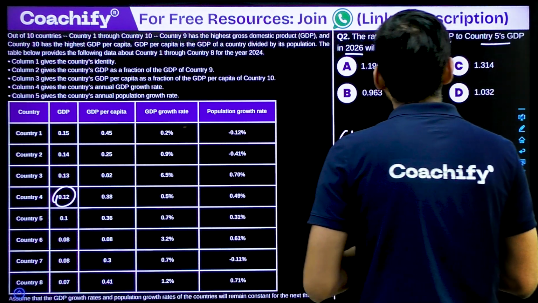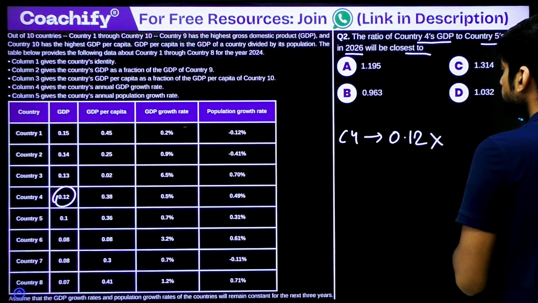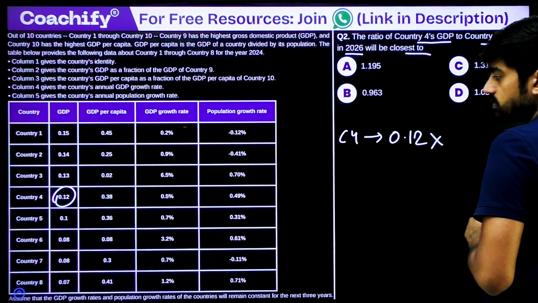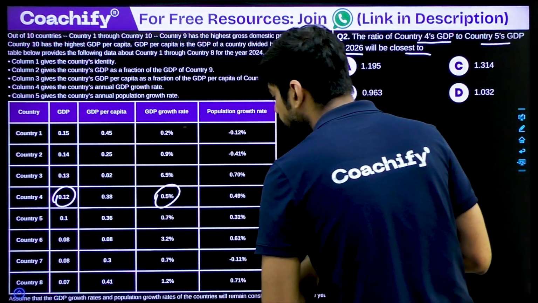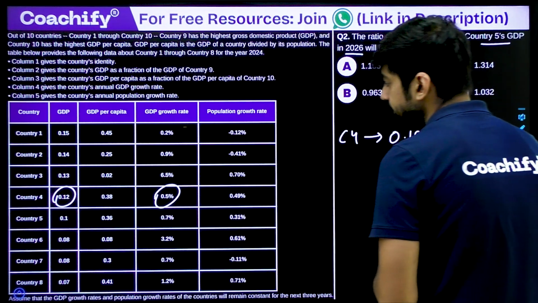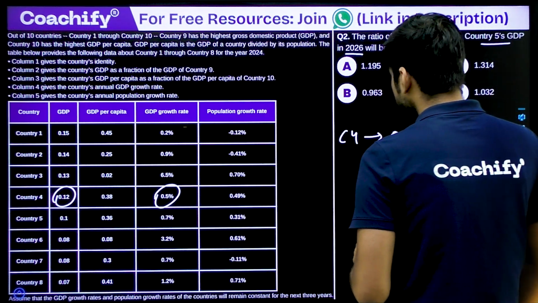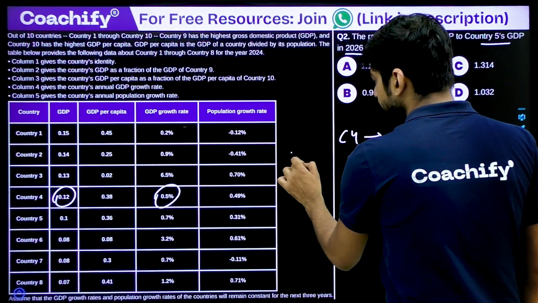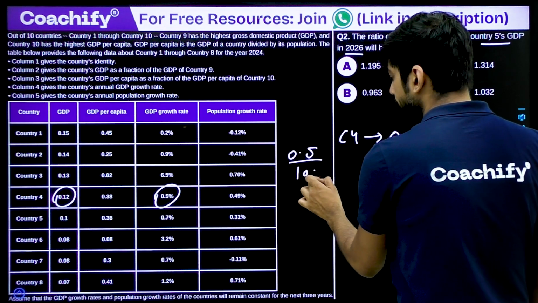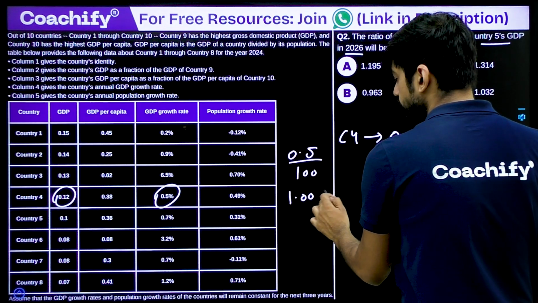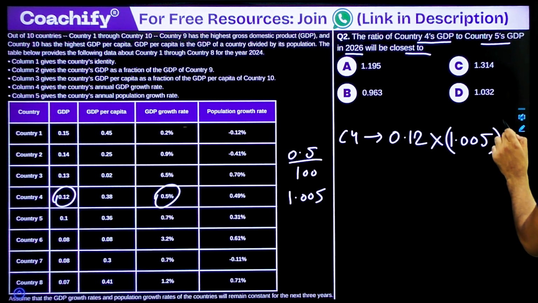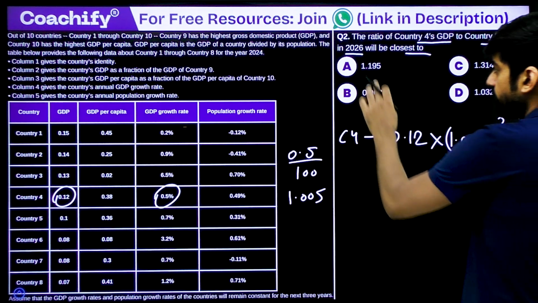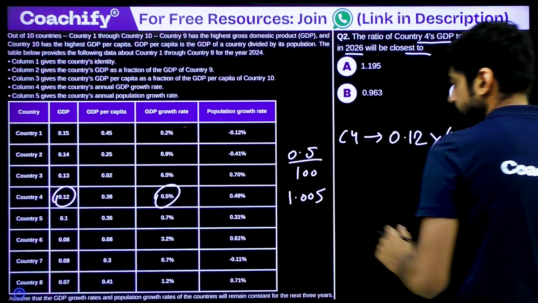Now we need to find out the values for 2026. For that, we have to look at the growth rate figures. It is 0.5%, so this becomes 0.5 upon 100, which makes it 1.005, and we have to do this for 2 consecutive years to find out the values for 2026.